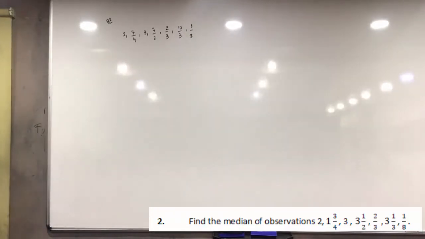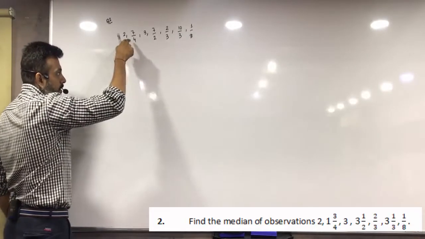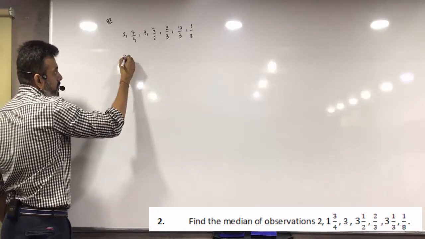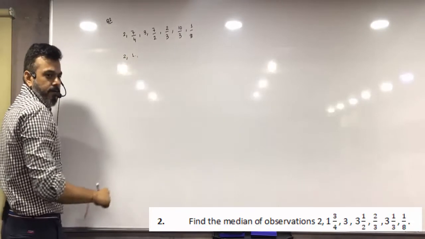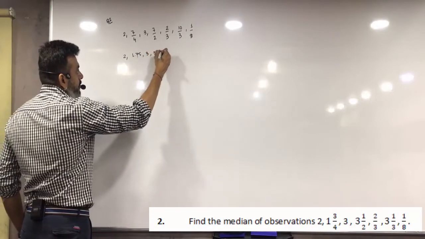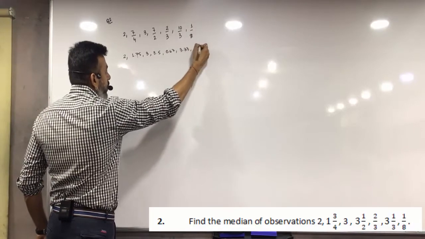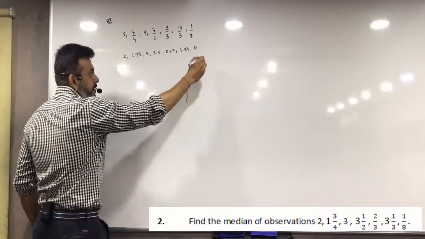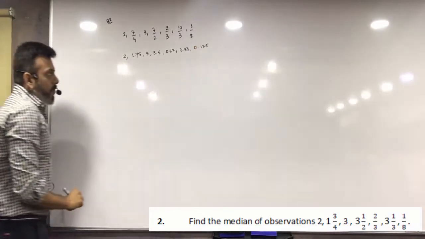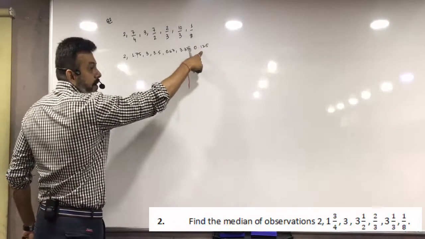Now the first step is we have to arrange them in ascending order. So we have to find the values. If you are confused, divide on the calculator and see what the values are. Just write below this: 1.75, then 3, then 3.5, then 0.67, then 3.33 and 0.125. Now, what's the minimum? 0.125.